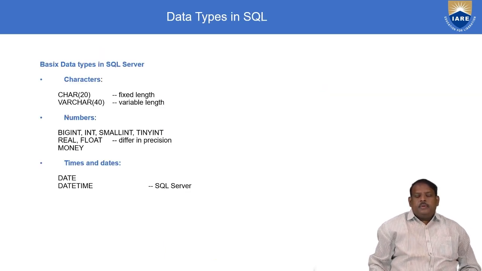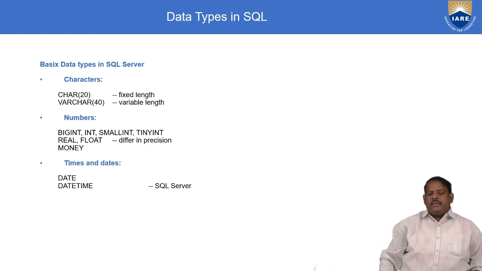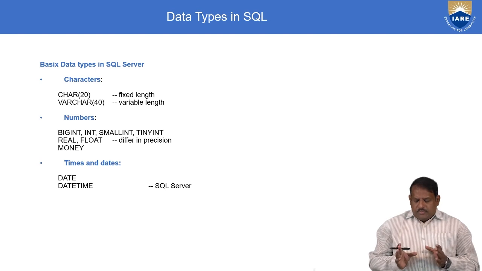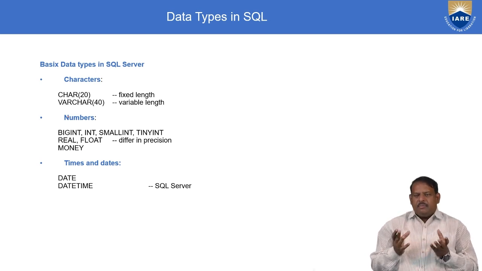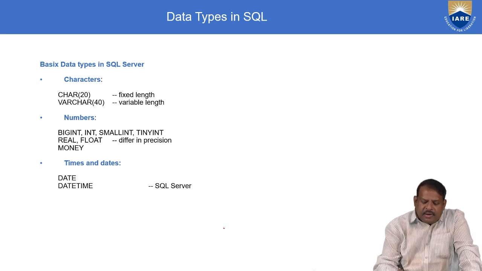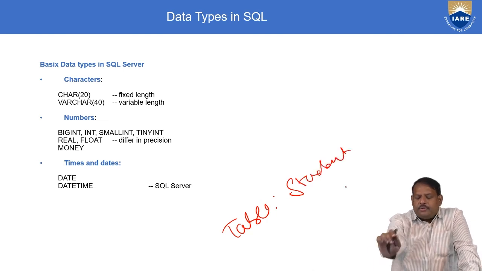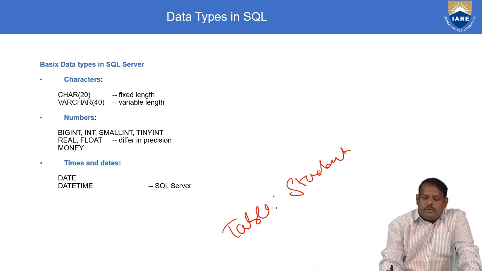Now, basic data types in SQL. We have seen that we have to store some data into a table. A table will have a table name, student, and it will have some attributes. What is an attribute?